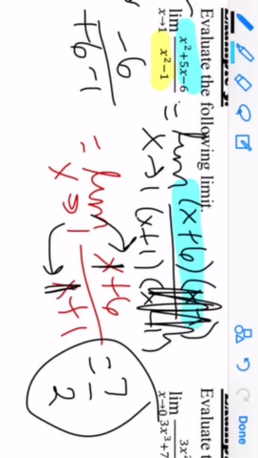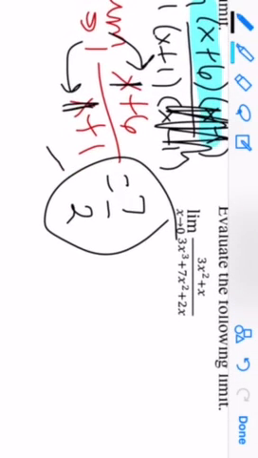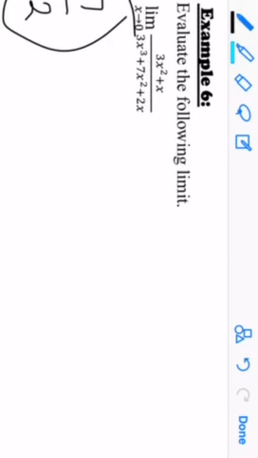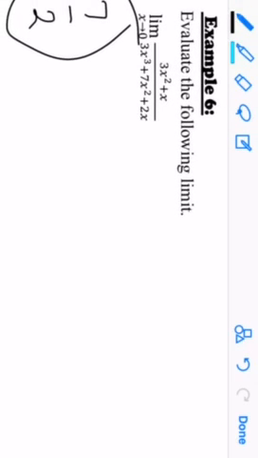All right, one more. If you want to try factoring this by yourself and pausing it, you can. So pause it right now and you can check your answer, or do it with me. Okay, so if I plugged in 0 to the denominator, clearly I would be dividing by 0 because they all have an x. So yes, we have to factor this one.